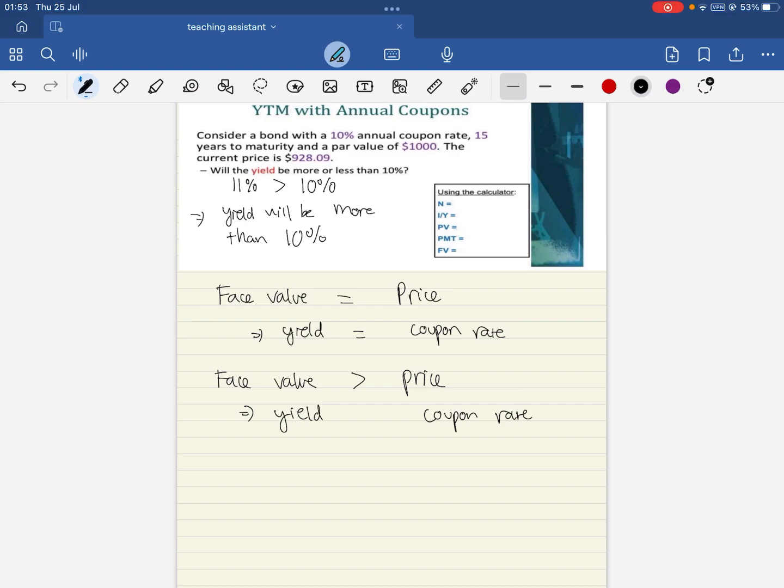If the face value is greater than the price, as you guys can see in this exercise, the face value is 1,000, the price is 928.09, the yield will be greater than the coupon rate. And finally, if the face value is smaller than the price, the yield will be smaller than the coupon rate. So please remember and take a note.